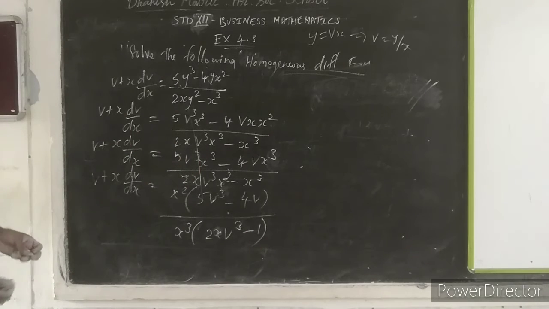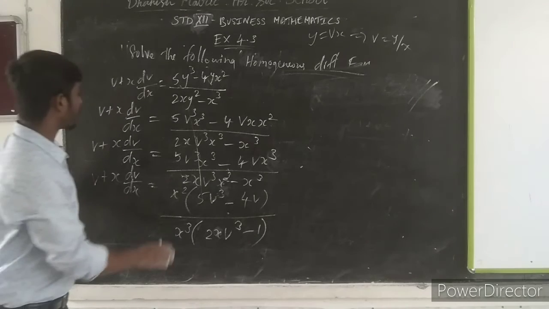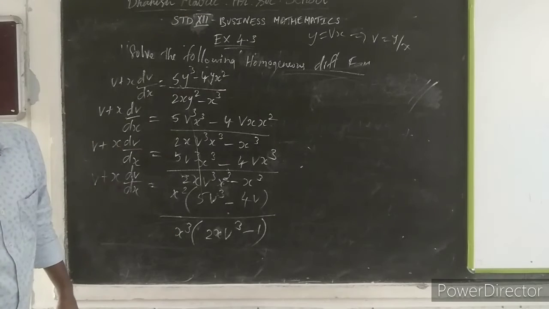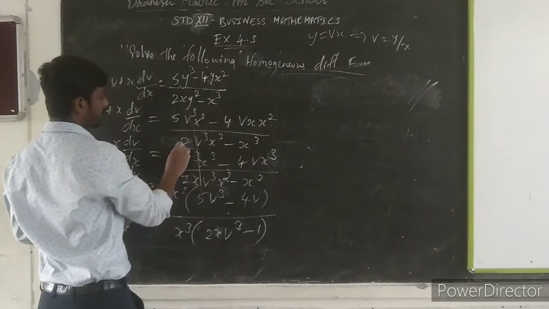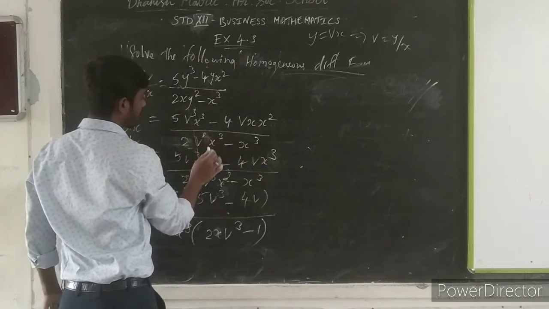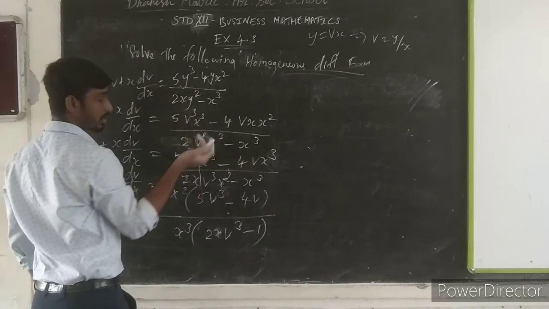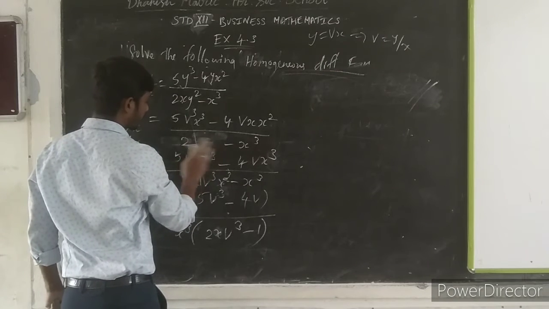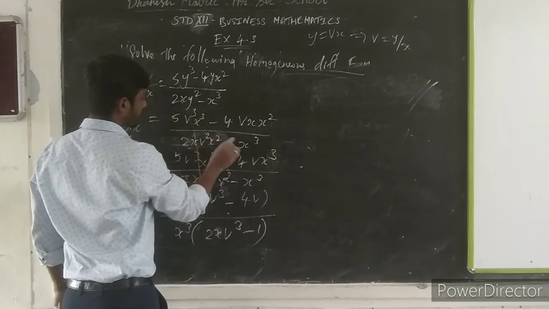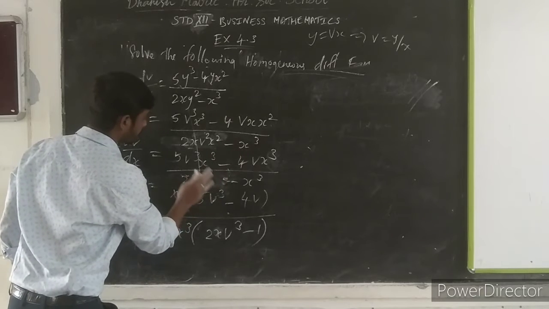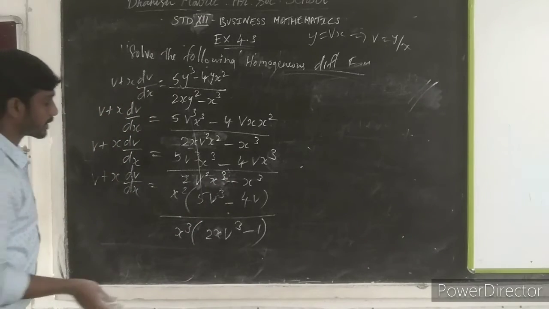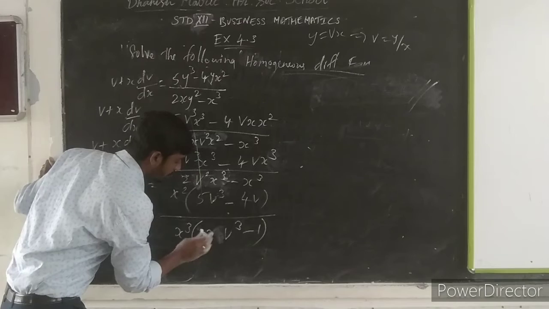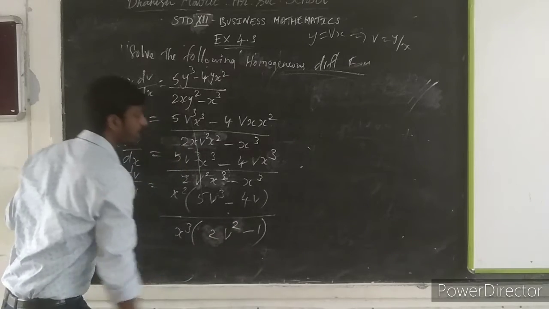Sorry, a little correction here, because we have only a square here, that will be v square. So x into x square gives 2v square x cube. Taking x cube out, we get 2v square minus 1 here.